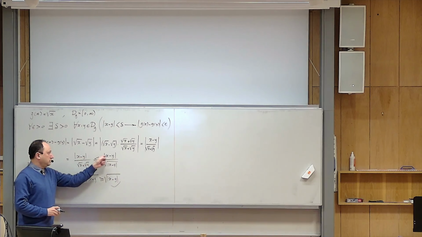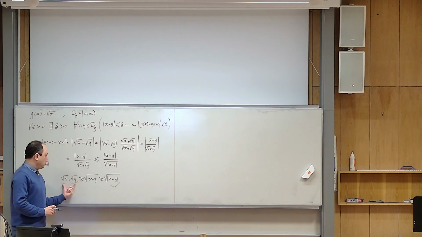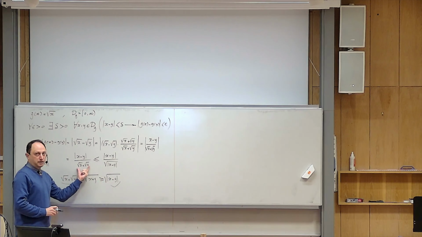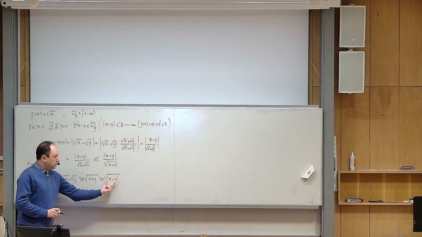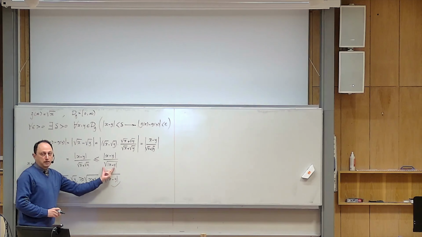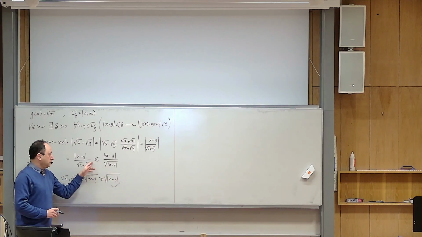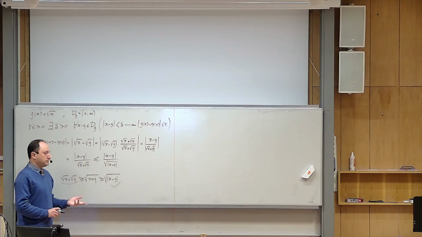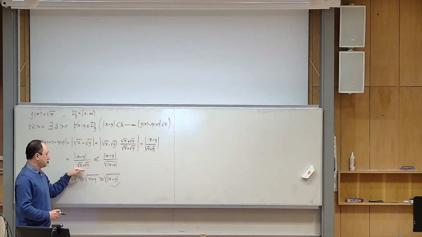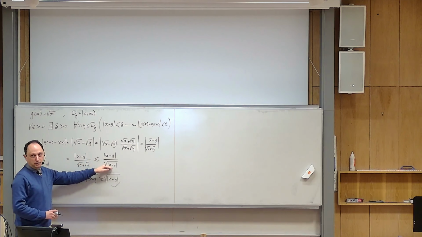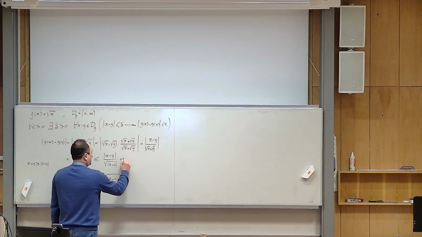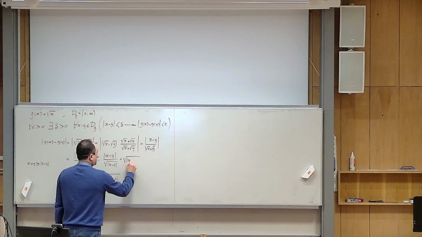The numerators are the same, but according to this inequality, the denominator of the left-hand side fraction is greater than or equal to the denominator of the right-hand side fraction. So this means that this fraction is less than or equal to this fraction because the numerators are the same, but the denominator here is bigger than the denominator there. And of course, this can also be simplified to this one, yes?